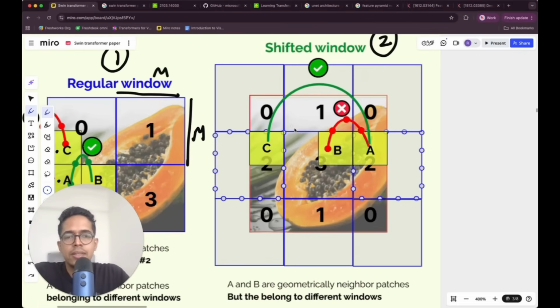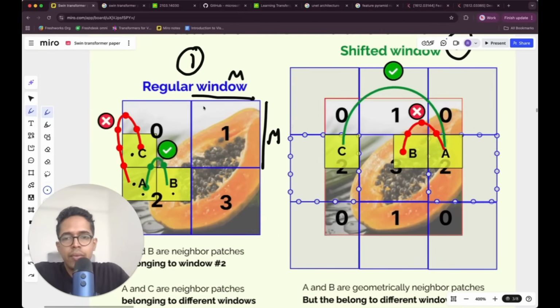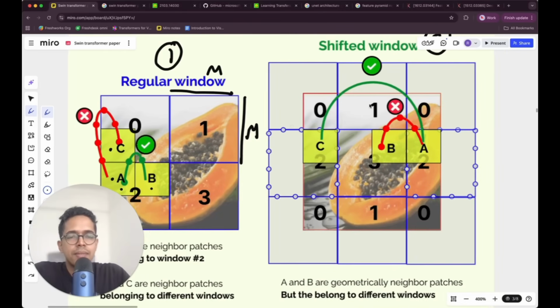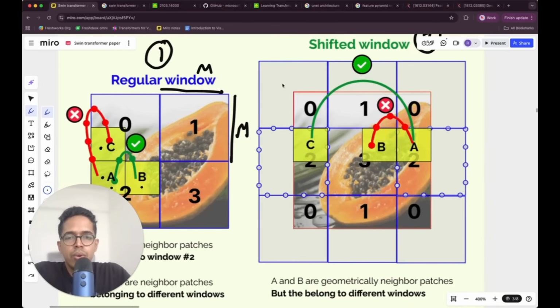What is happening is called a cyclic shift. So when this particular window shifts to the left and top, what is done is this window, this window, this window, and this window are all assigned the same ID. Why?